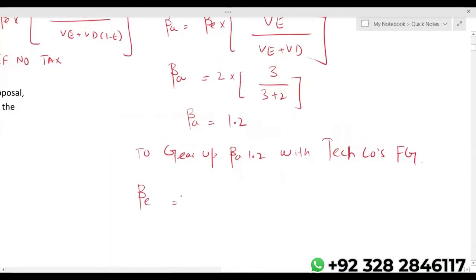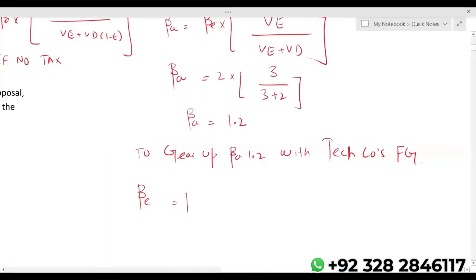Now logically, whatever the answer comes, that answer must be higher than 1.2. Why must it be higher than 1.2? Because right now we are converting asset beta to equity beta. We are converting 1 risk beta to 2 risk beta. So logically 2 risk beta must be higher than 1 risk beta.